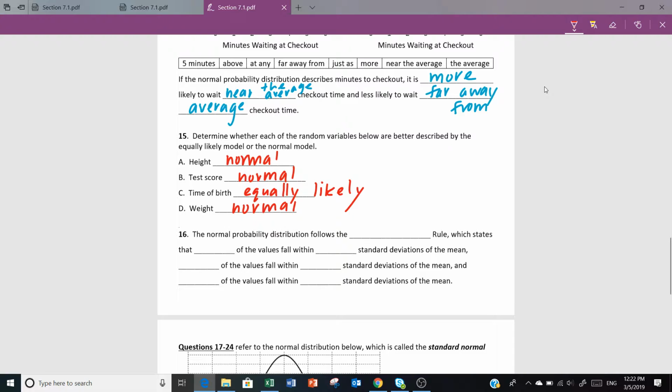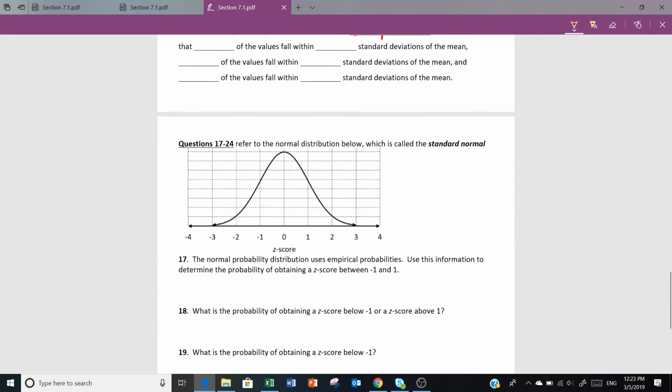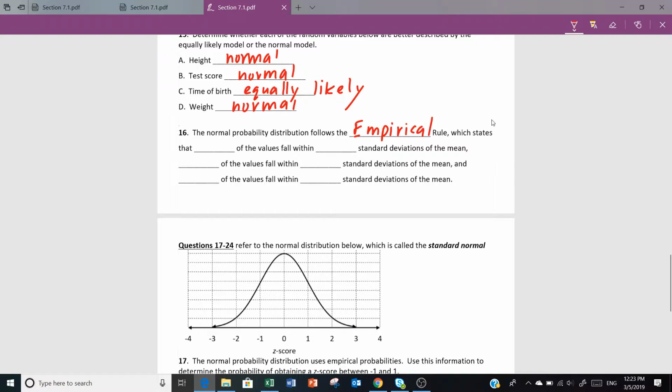Okay, what is this called? What rule? Empirical rule. Where do you think the empirical probabilities come from? Well, actually, the empirical rule goes with the empirical probabilities. We're going to see that in the next question. The normal model uses empirical probabilities because it follows the empirical rule.